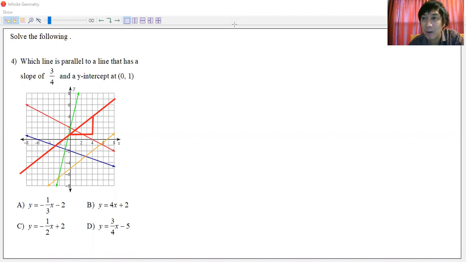It looks like the yellow is the one which is parallel. Okay, why? Because the slope of that line is also 3/4. Okay, you can very well see that particular line, and I can also show where the 3/4 can be seen here.